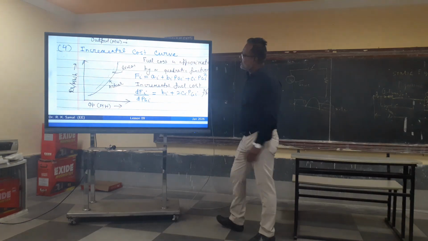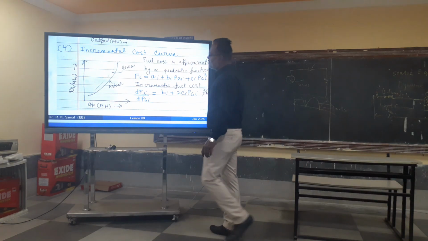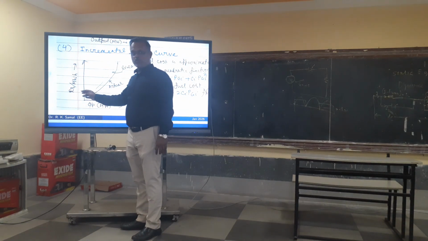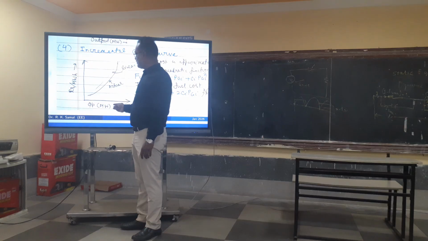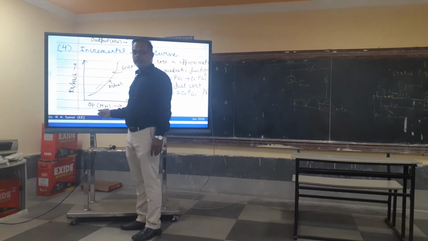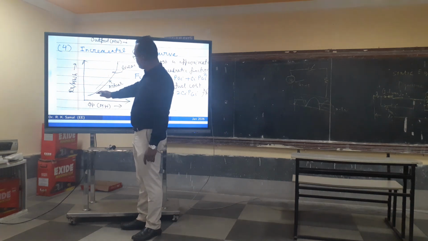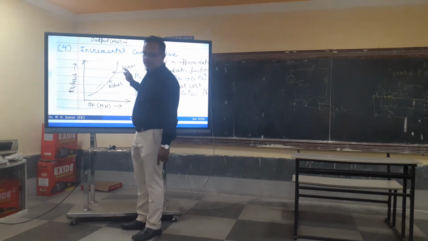Okay. So what is the incremental cost curve? This is the cost in rupees per megawatt hour versus the power output in megawatt. Okay. So this curve is actually a quadratic curve.